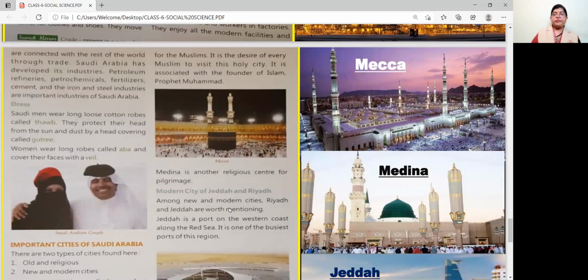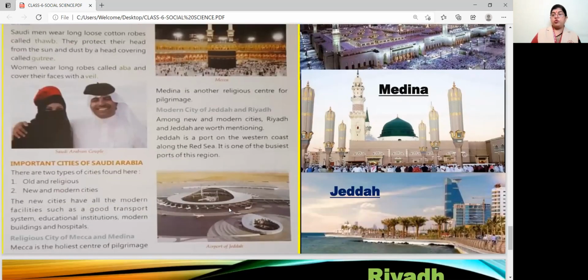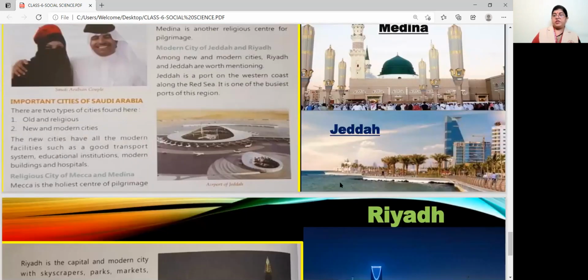Now, among the modern cities, we are having Riyadh and Jeddah. Jeddah is a port on the western coast along the Red Sea. It is one of the busiest ports of this region. See, it is near the Red Sea. So, water is here. Airport of Jeddah.